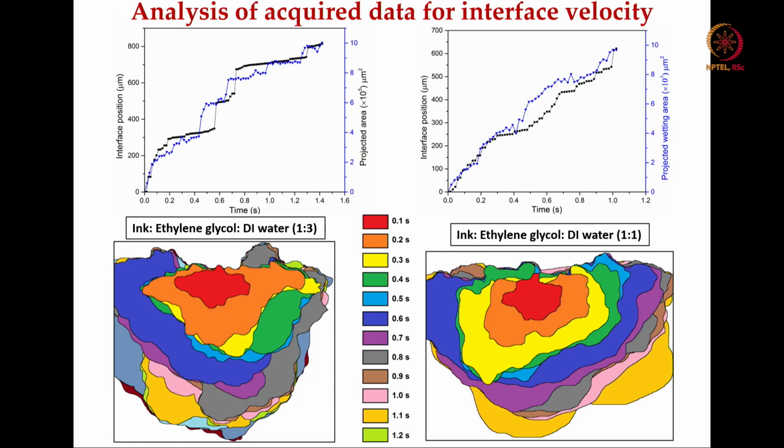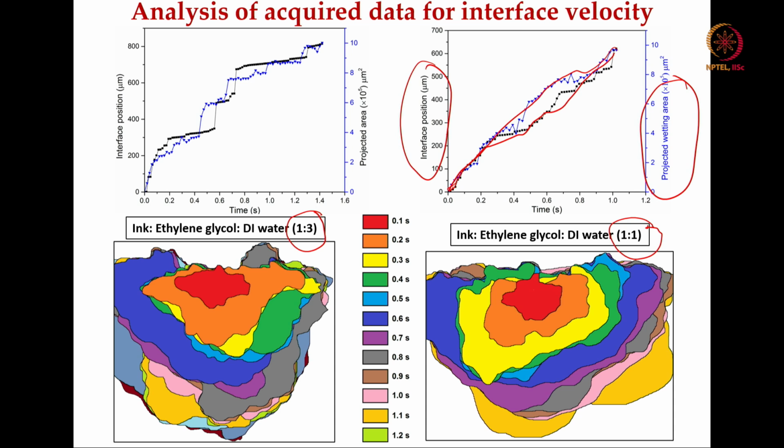Then if you look at this particular ratio of ethylene glycol to deionized water, 1:3 to 1:1, and look at how the interface position has changed, you look carefully, this interface position was measured with respect to the baseline, and qualitatively in both cases the interface position and wetting area both increase, not strictly in a linear manner, but almost linear-like.